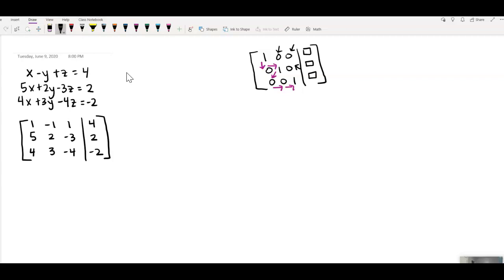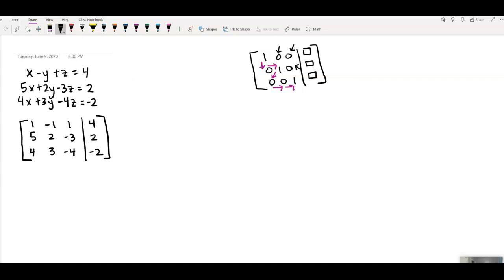So remember that the things you can do with matrices are: you can switch any 2 rows, you can add any 2 rows together, you can multiply a row by a number, or you can multiply a row and add it to another row, right? So those are the 4 things you can do there.